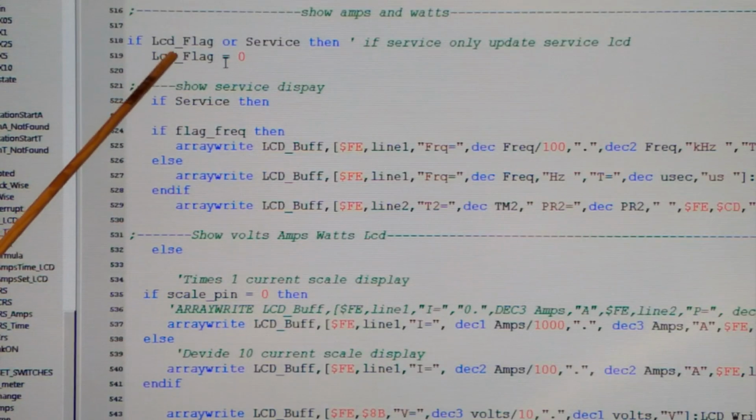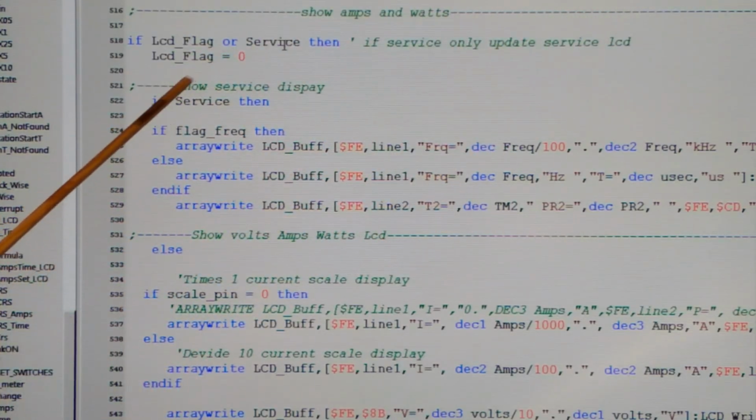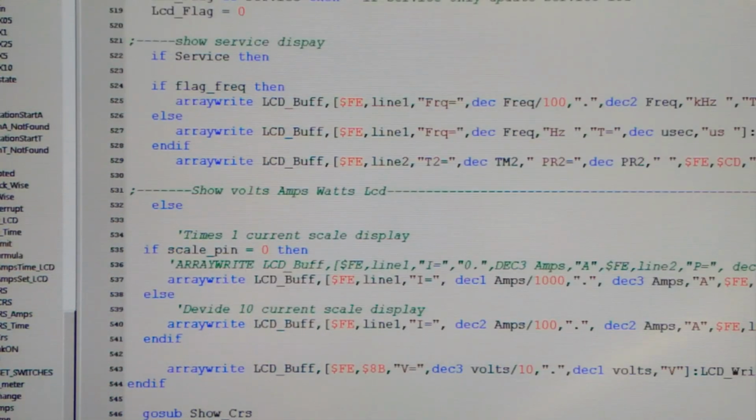Okay, if your LCD flag is a 1, which means now something has changed because I have changed it, now you can write to your LCD screen. And these are using Daryl Taylor's include file, and this LCD write buff, it's like a statement he created under assembly. Those people that run PIC Basic Pro would know what this is, and that's how you write to your LCD screen.